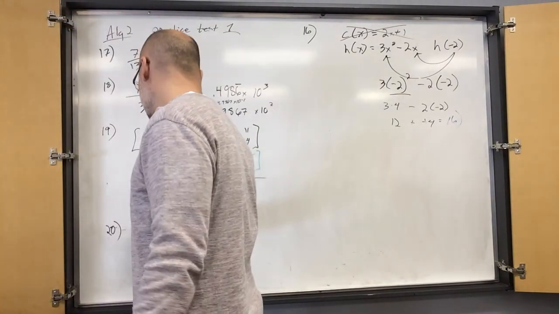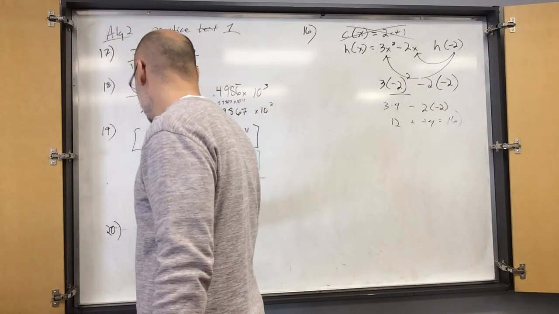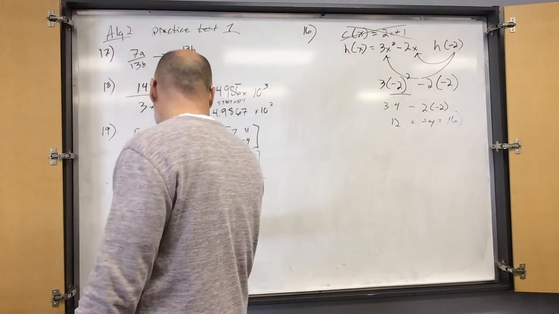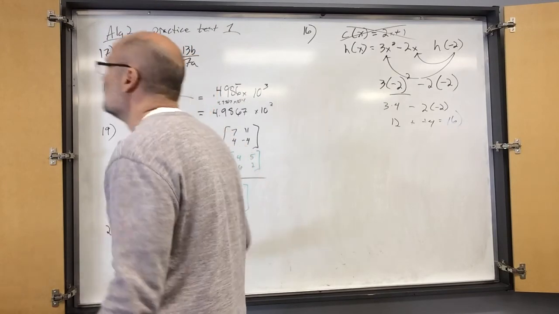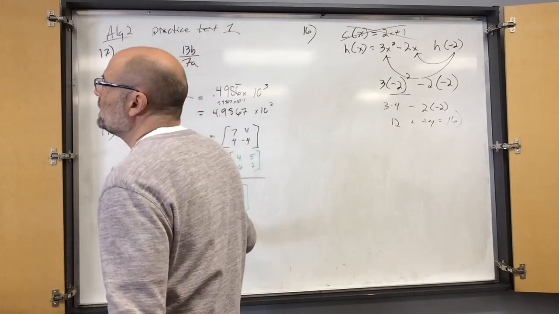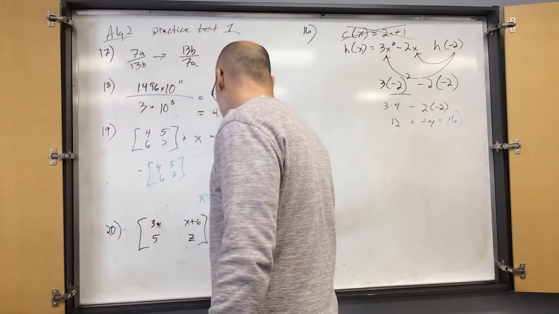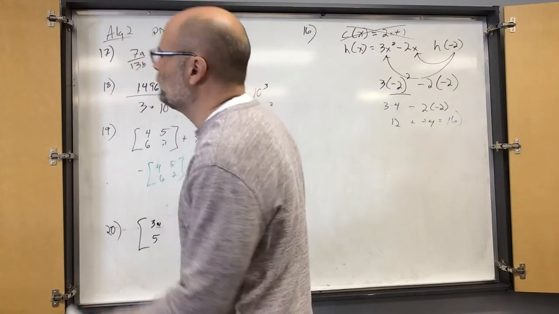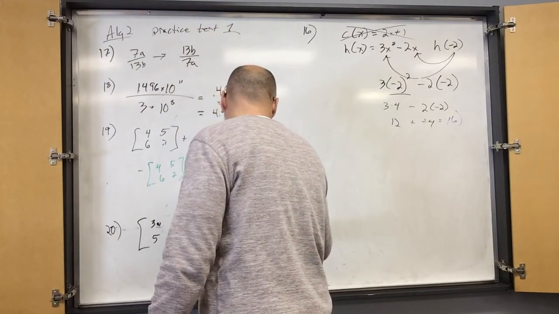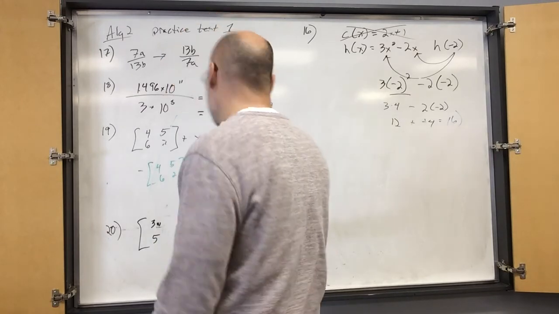Okay, same kind of thing. This is a cool problem. You have a matrix with 3w, x plus 6, 5, and z, and it equals a matrix with 15, -1, x plus y, and 9.